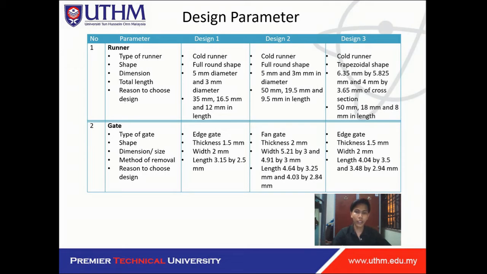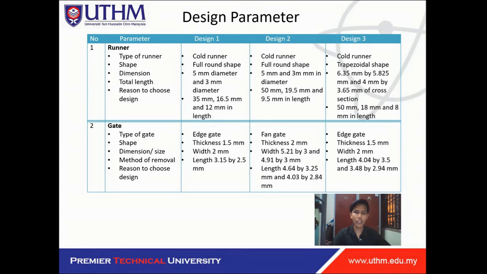Next, we're moving to the gate. So for design 1, we are using H gate, thickness 1.5 mm, width 2 mm, length 3.5 by 2.5 mm. And for design 2, we are using fan gate with thickness 2 mm, width 5.21 by 3 and 4.161 by 3 mm.